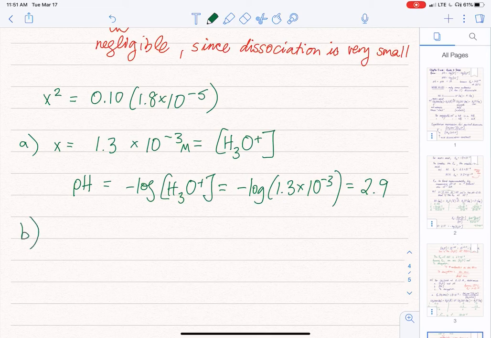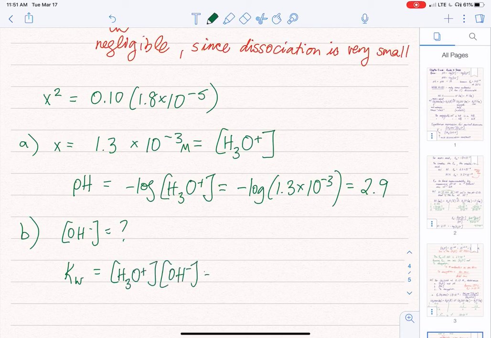Now, for part B, I had asked you guys to get the hydroxide concentration. So hydroxide concentration is what? Well, there we need the ion product constant. So Kw tells us that the product of hydronium and hydroxide is equal to 1 times 10 to the minus 14.